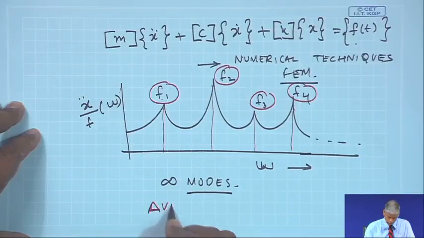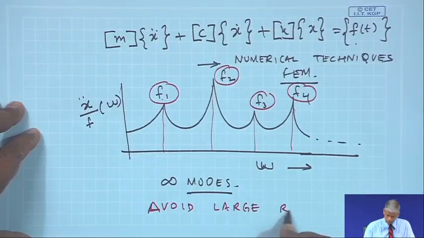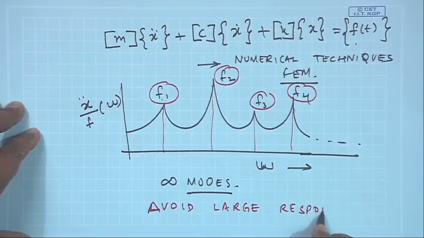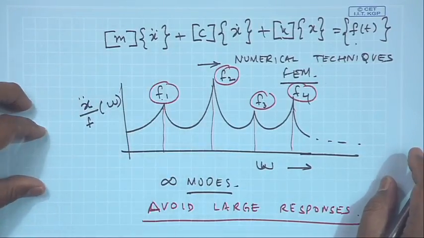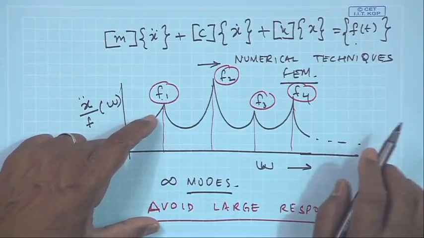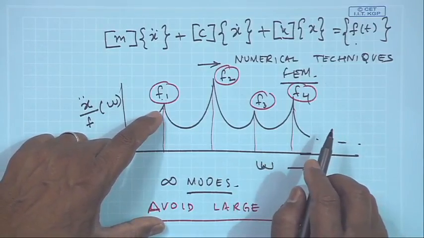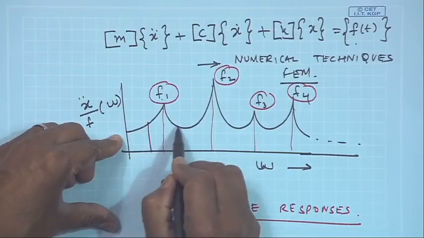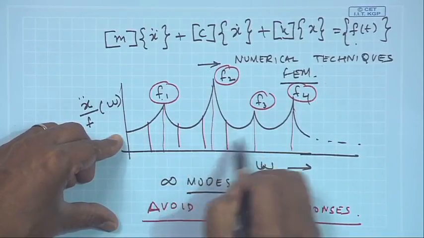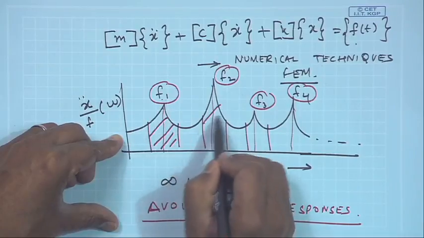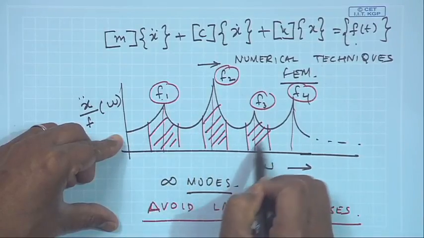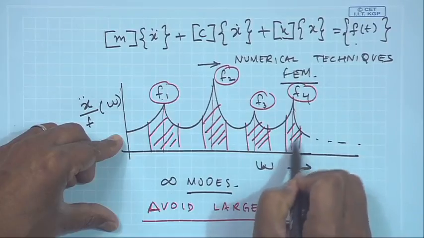This is what we have to avoid: large responses. A designer would have taken adequate care in the design, so that these frequencies are known beforehand, and we may say that these are the safe operating zones, and you avoid operating at frequencies around the resonant frequencies.